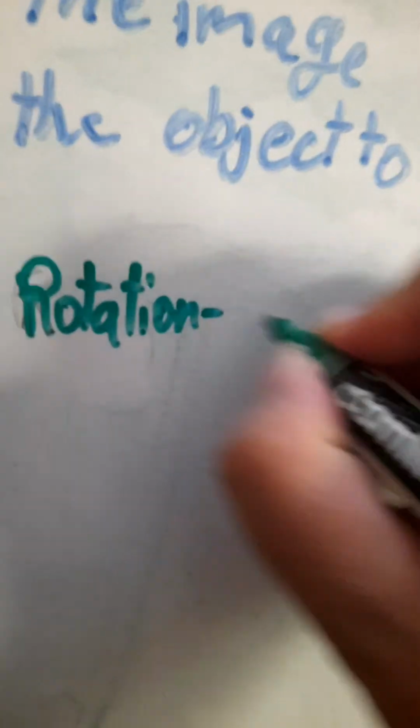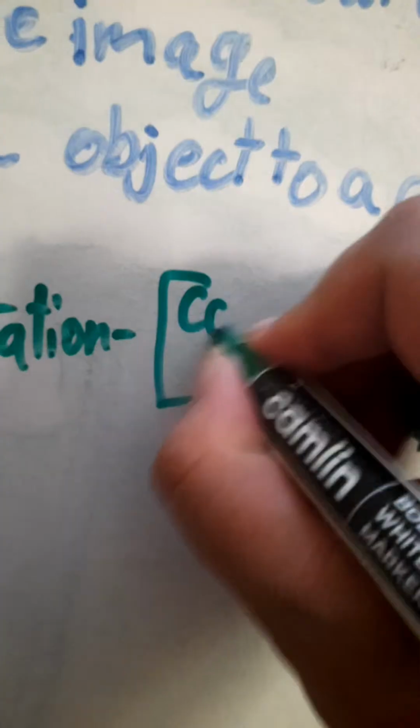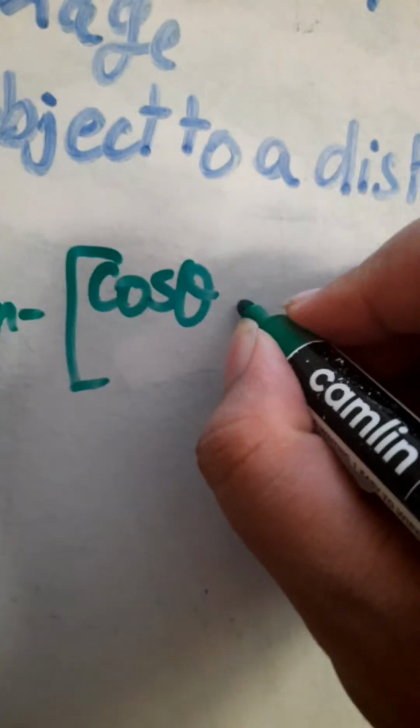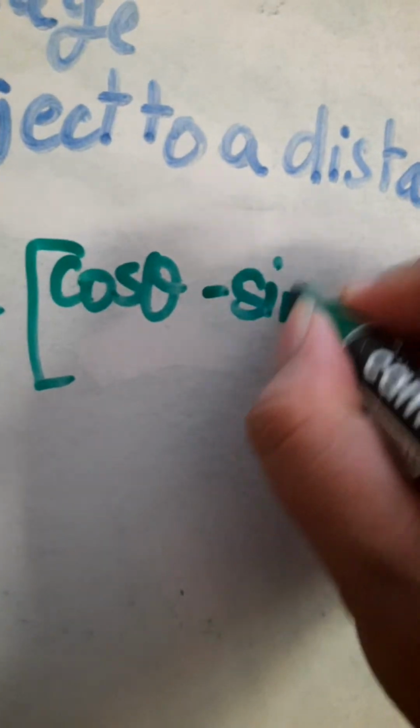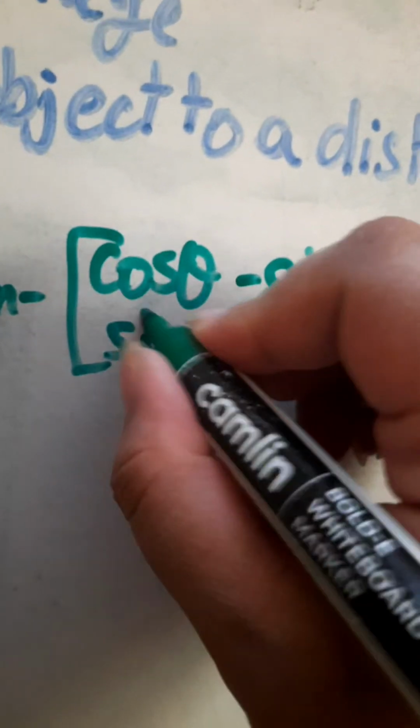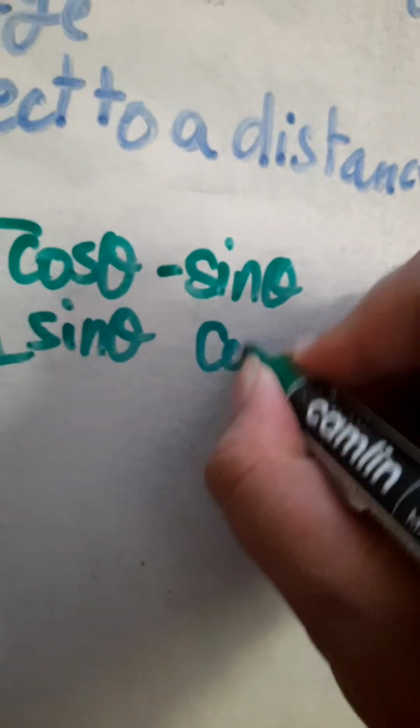Now what you have to do is rotation. So, my marker is dying again, so I have to change my marker. So now I have rotation. In rotation, I have cos theta, minus sine theta, sine theta, cos theta.